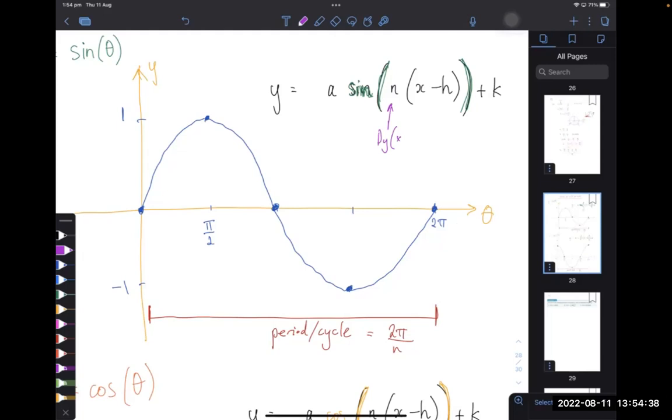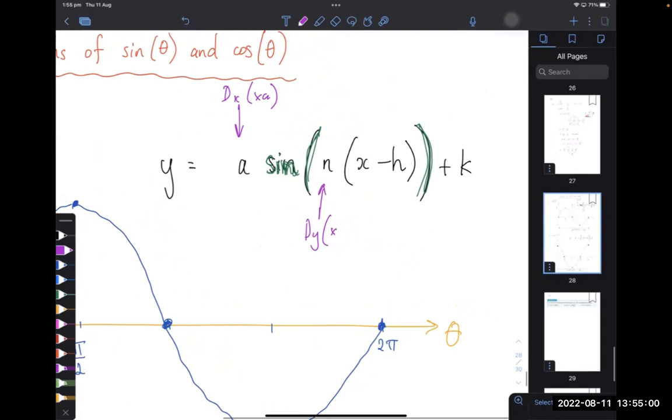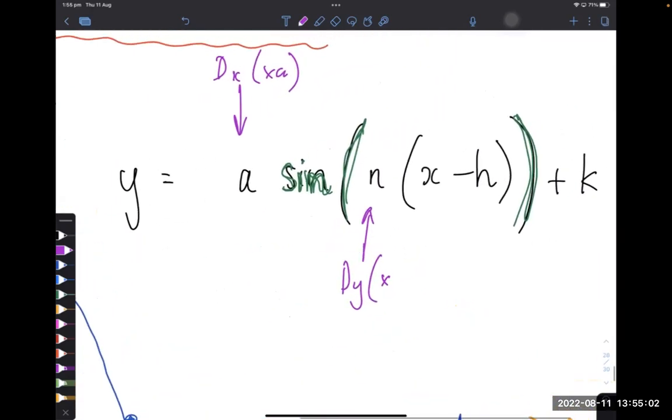Is it n? For the dilation from the y-axis, do we just read that as n? Wasn't it reciprocated? A is A, right? You read A as dx times A. But when it comes to dilation from the y-axis, we must reciprocate that value.